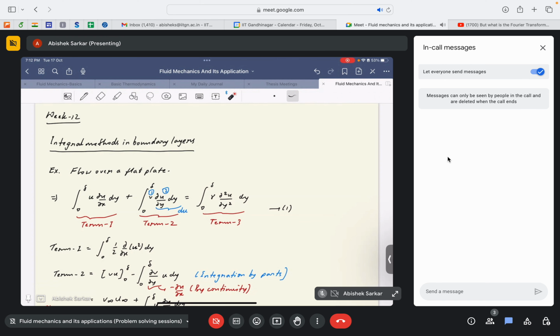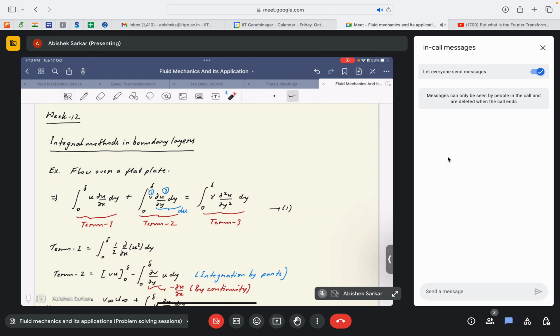But in this case we'll see how we can apply integral methods to find the shear stress distribution for flow over a flat plate without considering the Blasius solution, right? So we'll consider the flow over a flat plate itself, but we will not implement the Blasius solution. Rather, we'll look into some integral methods to find the expression for the boundary layer thickness or the shear stress distribution.